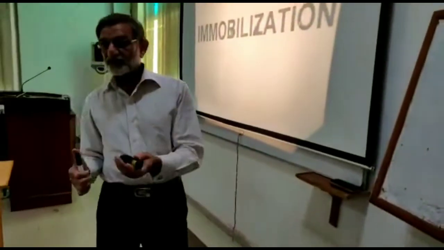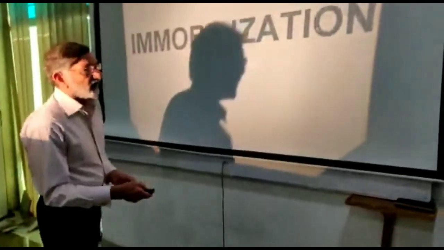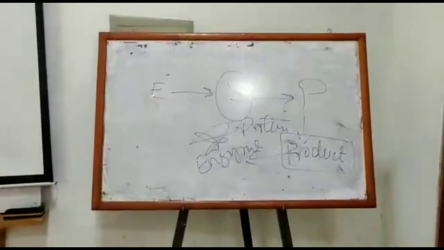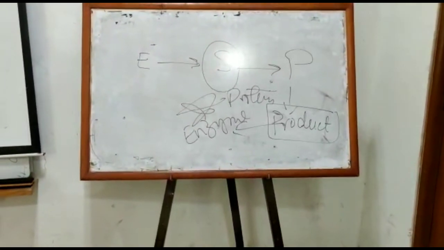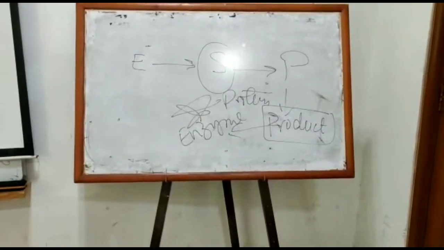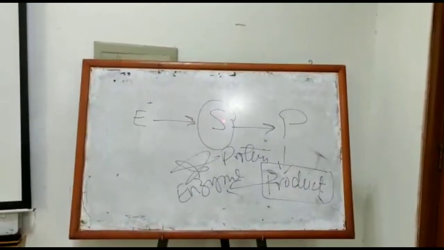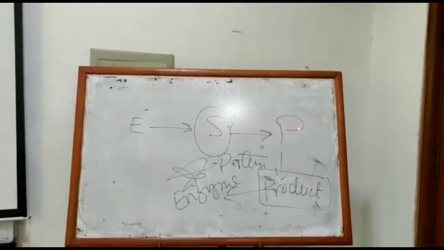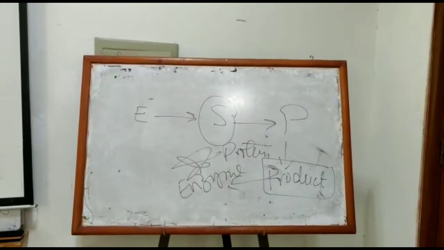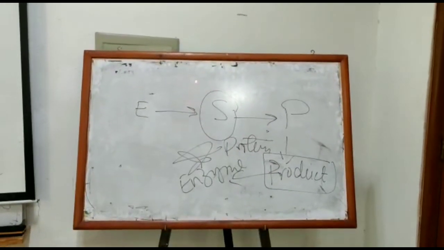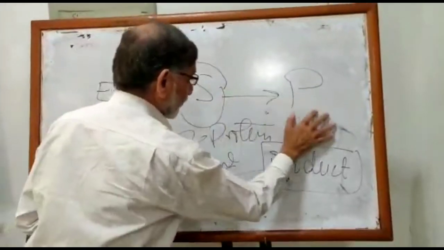So looking into it, the important issue here is that the enzyme is there, it acts upon the substrate. The word used is immobilized. The enzyme should remain immobilized here on the substrate, and the substrate has to be converted into the product. So the important issue is the substrate should be of such kind that the enzyme could stay upon it and the product is formed.